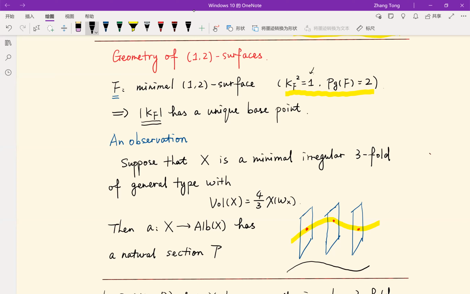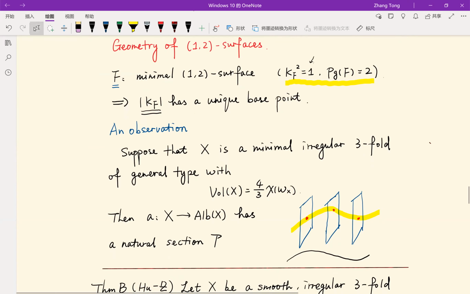But now you have a family of 1-2 surfaces, so you can move in the whole family, and you will get something interesting. Suppose we have an X, which is a minimal irregular threefold of general type satisfying the Noether-Severi equality.